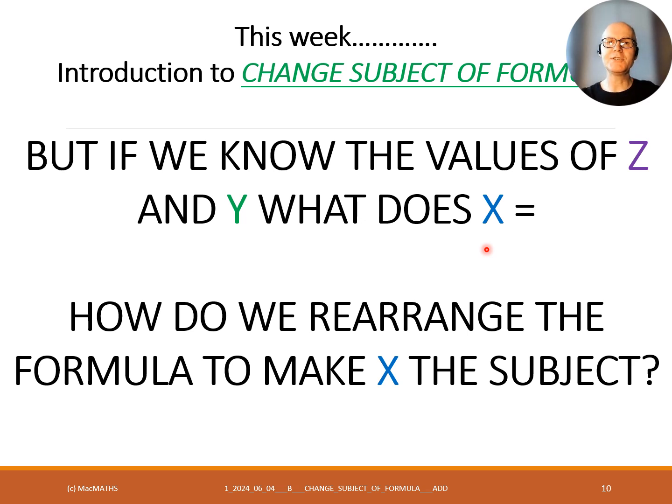The objective of change of subject of formula would be to rearrange the formula to make x the subject. Alternatively, if we know the values of z and x, we can rearrange the formula to make y the subject, so we can work out what y equals.